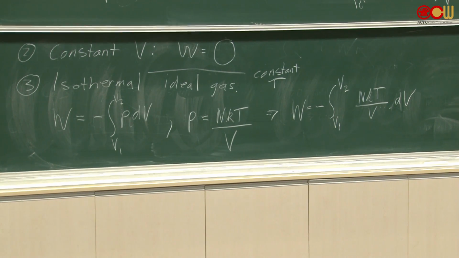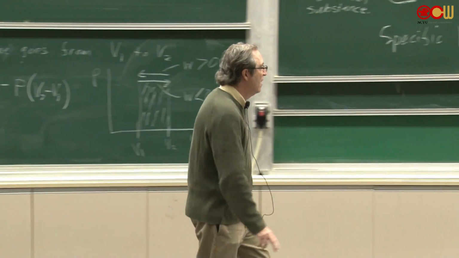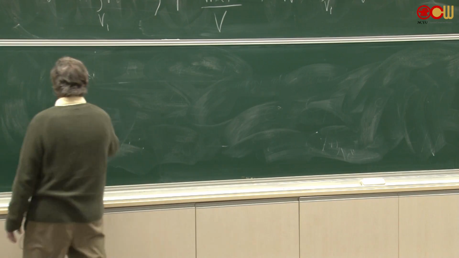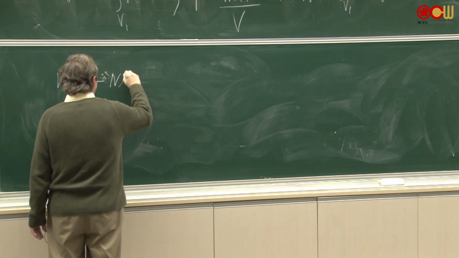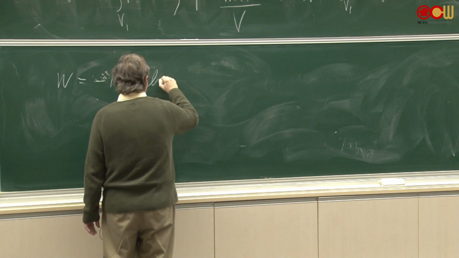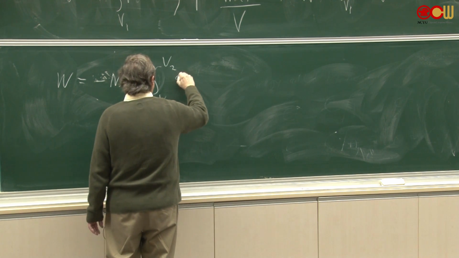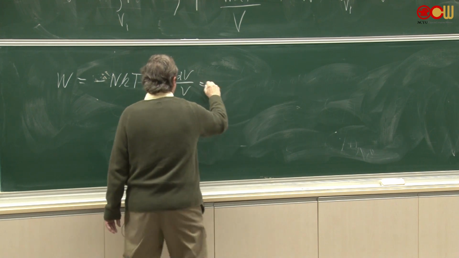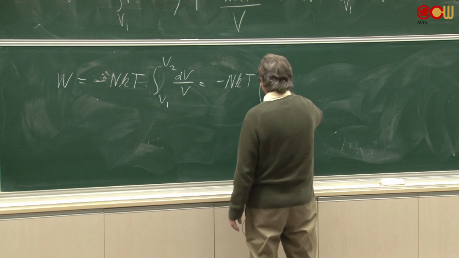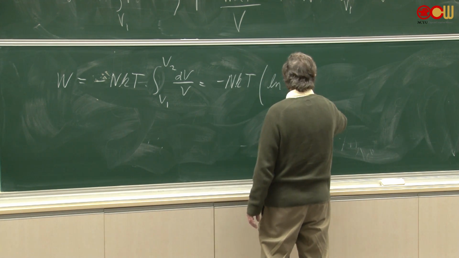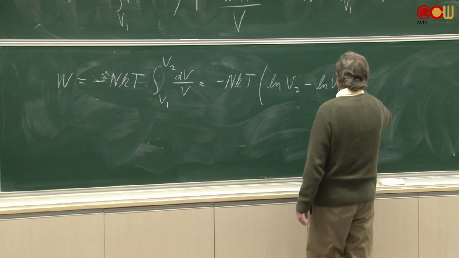Now, you should be able to do that integral. In case you don't remember how, I'll do it for you. So W equals minus NkT times the integral from V1 to V2 of dV over V, and that's equal to minus NkT times the log of V2 minus the log of V1.